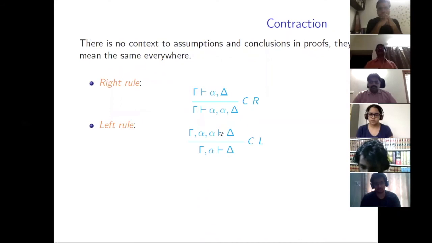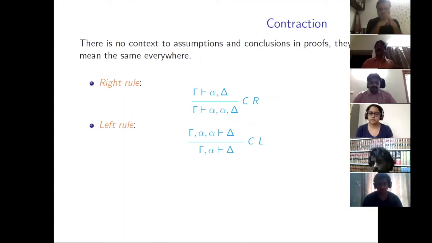Next is contraction. This is to do with the fact that even though we write sequences, we don't really mean sequences. Alpha or alpha is the same as alpha, alpha and alpha is the same as alpha. In particular, when I'm writing assumptions, you can reuse assumptions as much as you like.